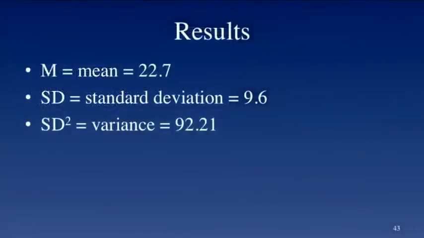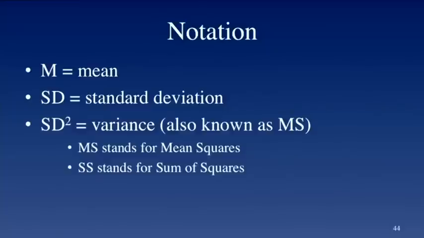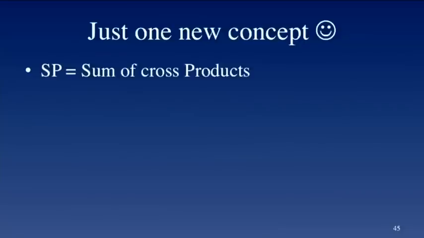Again, his average 22.7, standard deviation of 9.6, and variance of 92. Remember the notation, the sum of squares and mean squares. The mean squares over n is the variance. So to calculate the correlation coefficient, you just need one new concept. It's the sum of cross products.